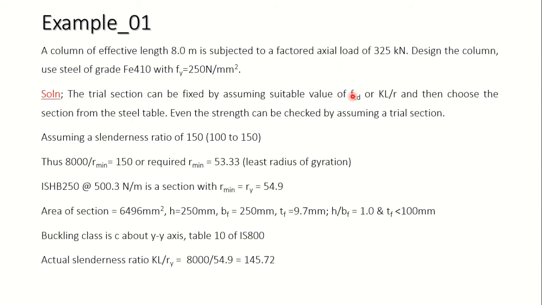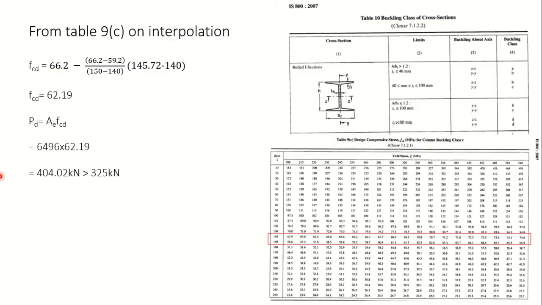This is some range I have given here for rolled sections, in which your KL by r can be assumed depending on the length and the load on the column. With one or two trials you will have a judgment of choosing this KL by r. So that is for a column.